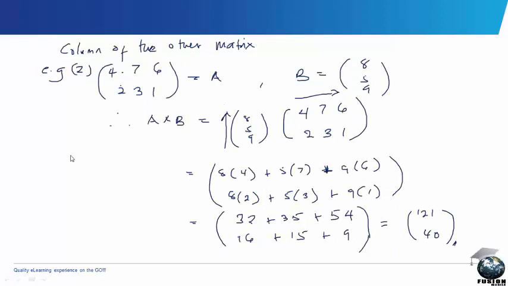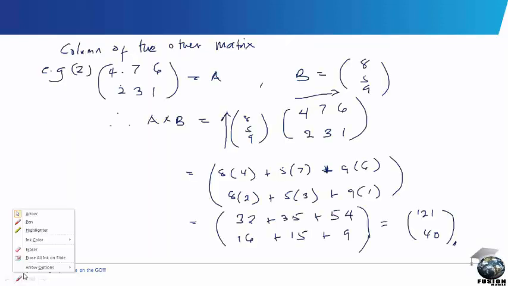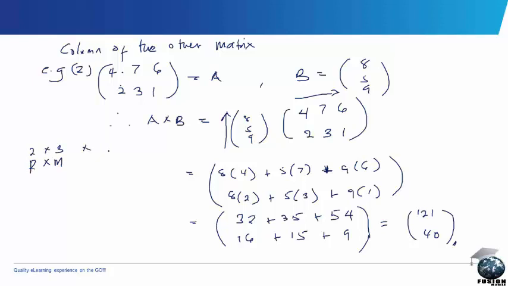Now what happens when you multiply two matrices? Let's look at this. Use this matrix as a typical example and find out what happened. We had a 2-row, 3-column matrix being multiplied by a 3-row, 1-column matrix.